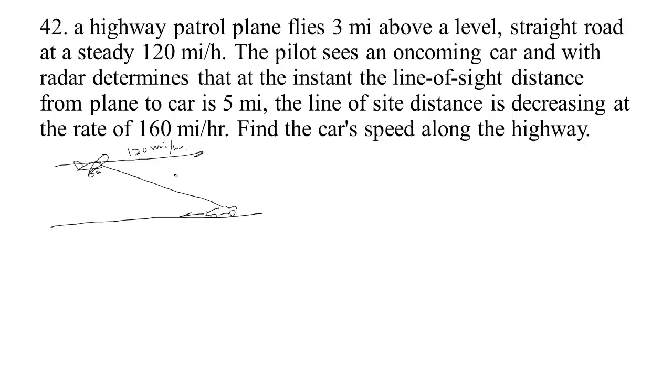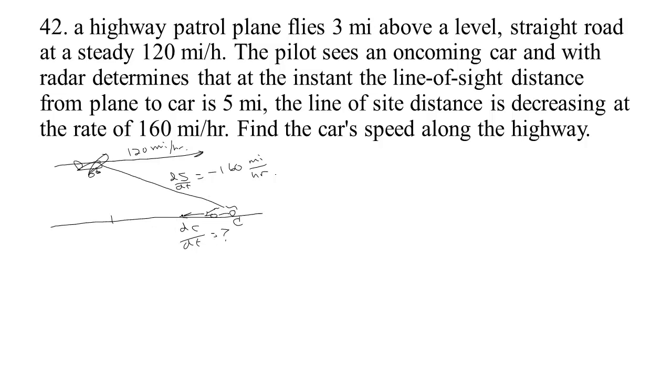So if we look at the straight line distance s between those, ds/dt is negative 160 miles per hour. We want to know how fast the car is going. If we call this distance c for the car, we want to know what's dc/dt.